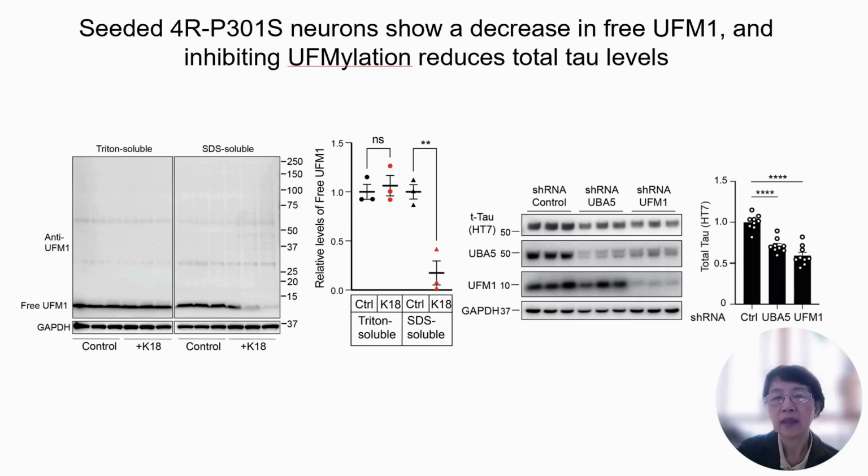Immunoblotting with an anti-UFM1 antibody detects free UFM1 and reveals a strong reduction of free UFM1 only in the insoluble fraction of seeded neurons, indicating that the seeded neurons perhaps have more UFMylation. We also observe that knocking down UBA5 or UFM1 reduces intracellular total tau levels.